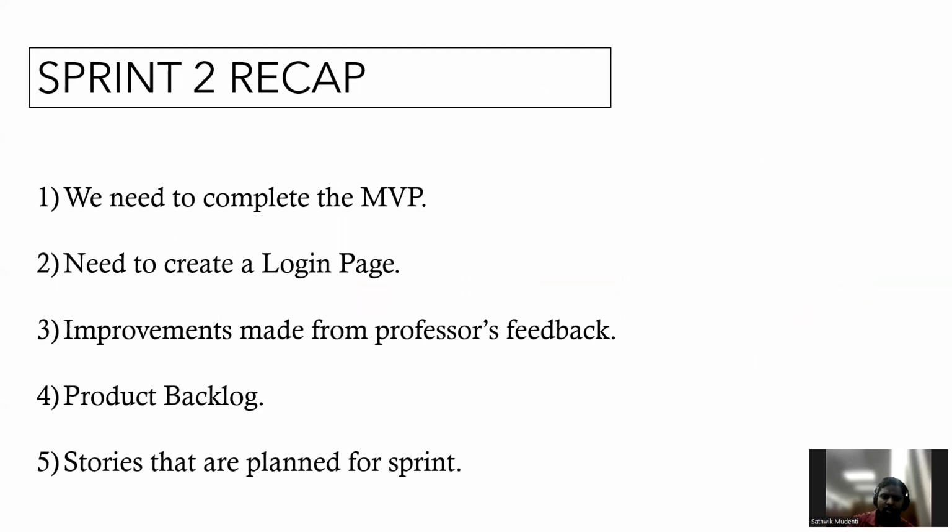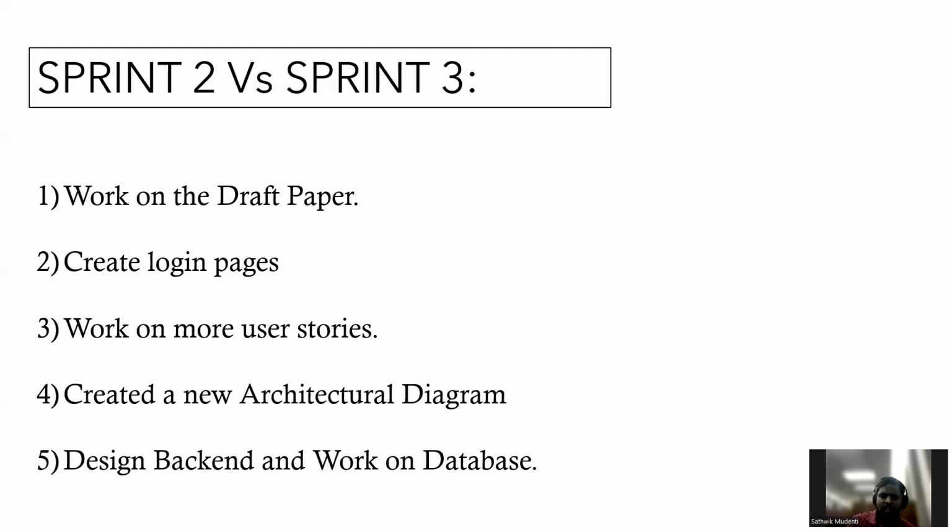We came up with a new project proposal. We tried to create a login page. We made improvements based on the professors' feedback. We tried to come up with a product backlog and plan a few stories for that particular sprint. So these are the comparisons that we draw between our Sprint 2 and Sprint 3.